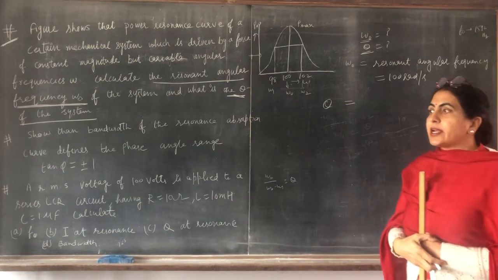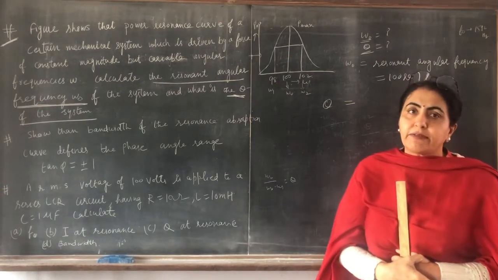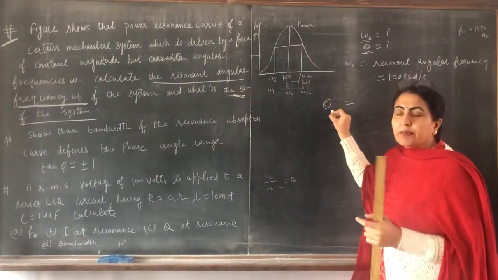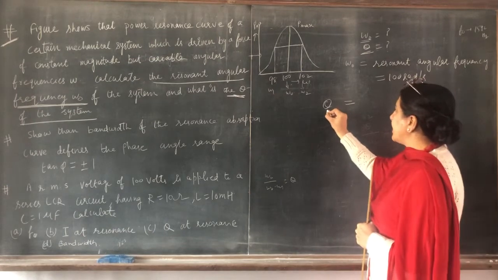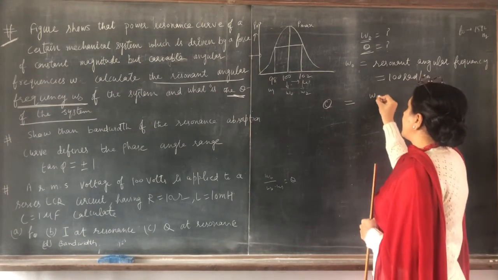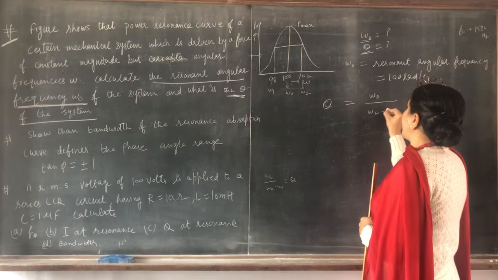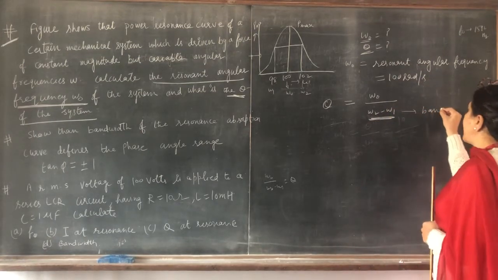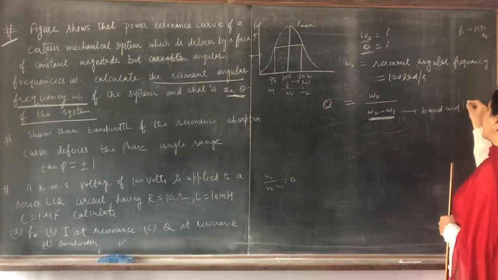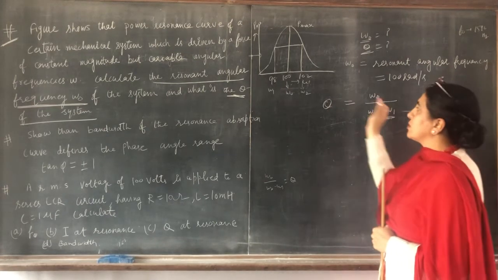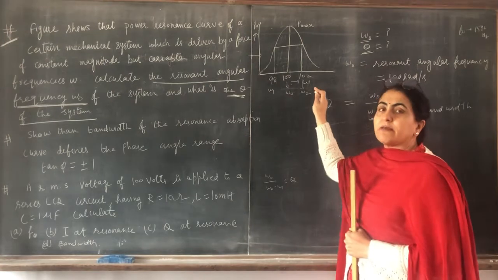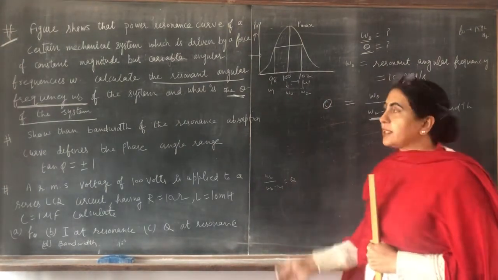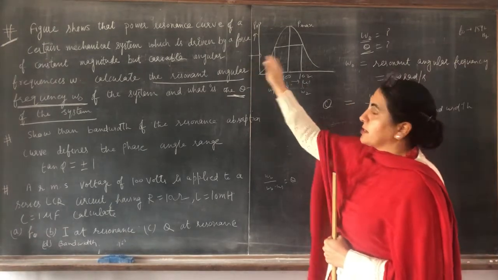We have derived the relation between quality factor and bandwidth in the previous lectures, in the chapter of forced oscillator. That relation is Q is equal to omega naught over omega 2 minus omega 1. And this is the bandwidth, the difference between the two frequencies on either side of the resonant frequency where power becomes half the maximum average power in a power resonance curve.